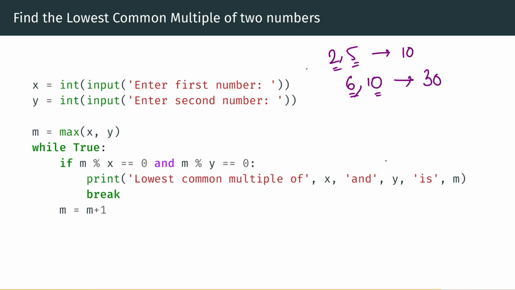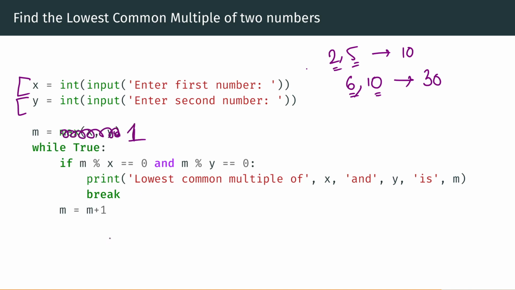So how do we calculate the LCM of two numbers? Given two numbers, we first get the numbers from the user, X and Y. And what we do is we find the maximum value. You don't have to do that. You can actually go for 1 as well, so you can say M equals 1.